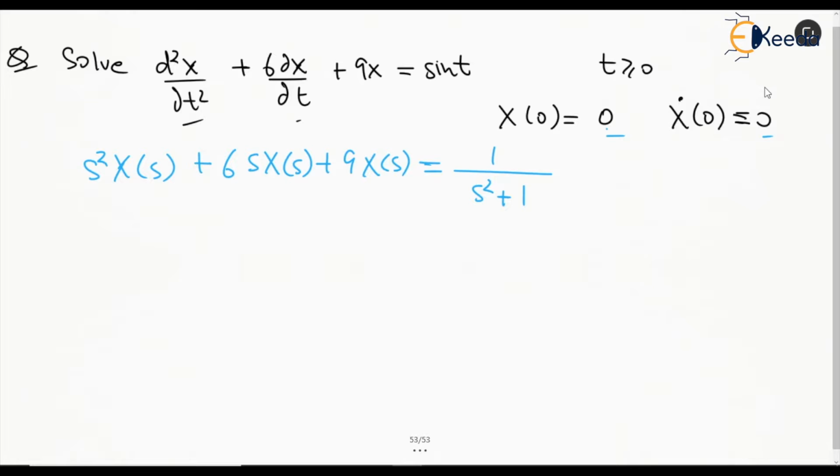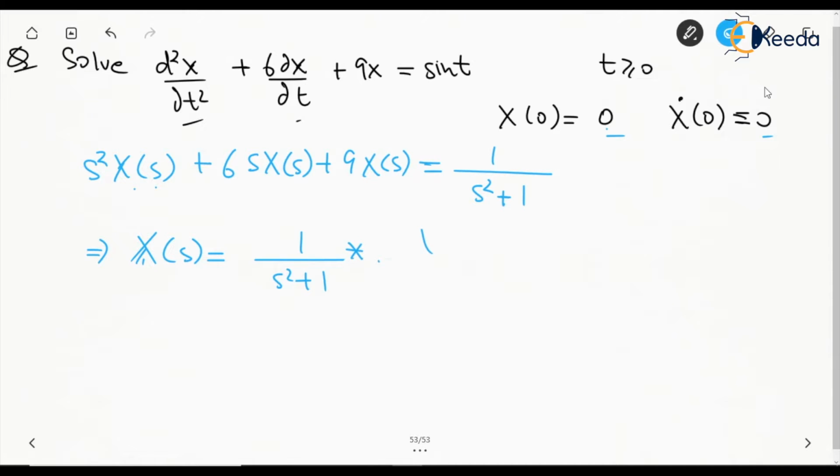So in this case, taking x of s common, we will have x of s equal to 1 by s square plus 1, and from the other side we will have 1 by, this is s square plus 6s plus 9.